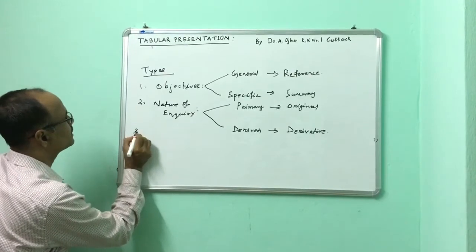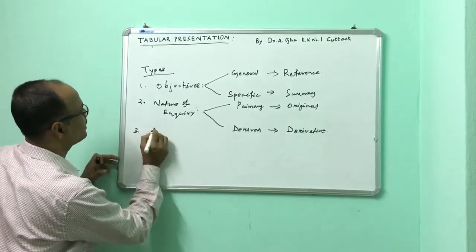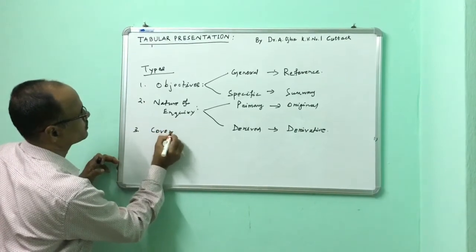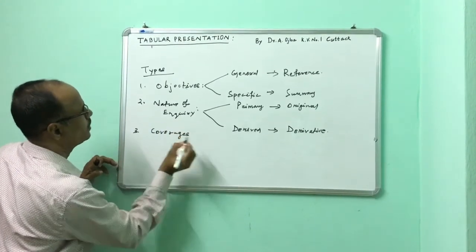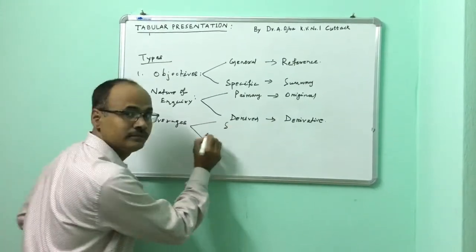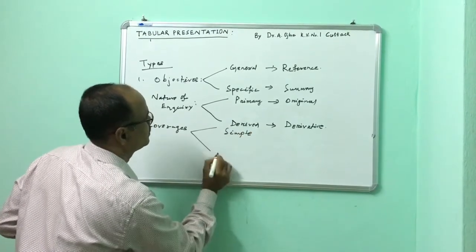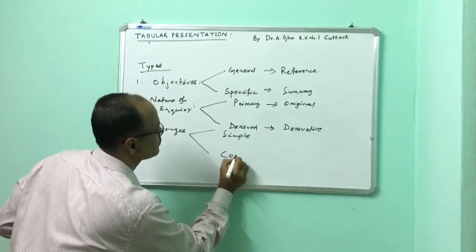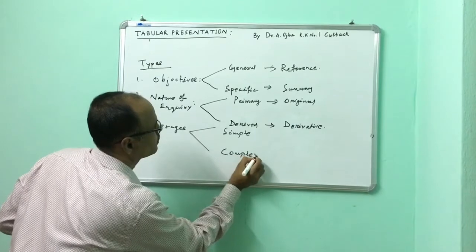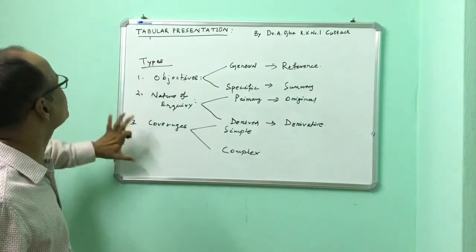And the last type is on the basis of coverage: one is simple, another is complex. This type of data is used in terms of table.